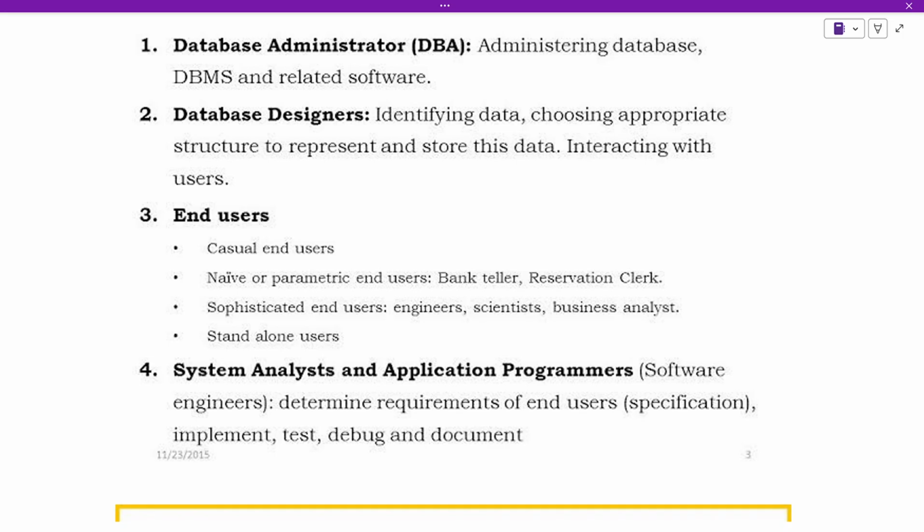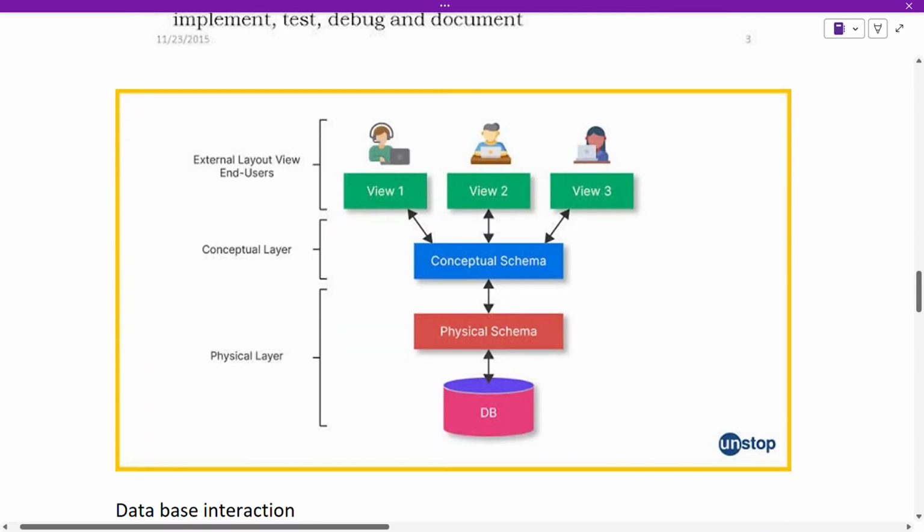We can implement, test, debug, and document a lot of things. So these are the four actors who work on the database. All of them have different purposes and different levels of access, with the database administrator having the highest privilege.